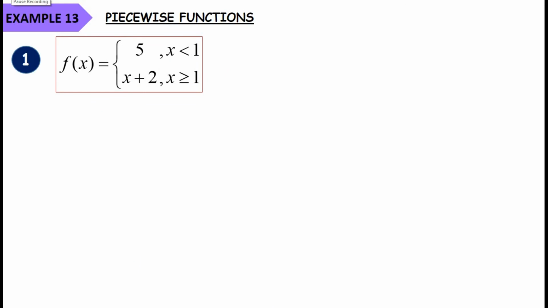Now we go for the last type of function, that is piecewise function. For this piecewise function, you have to sketch the graph based on the domain given. For x less than 1, the function is f of x equal to 5. For x greater than or equal to 1, the function is x plus 2. So you have to sketch the graph separately, but on the same axis.